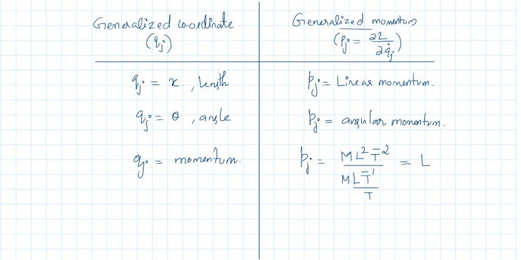So you can choose different sets of generalized coordinates, and one has to be careful in choosing the set of generalized coordinates in which we get the maximum number of cyclic coordinates. Okay, thank you.